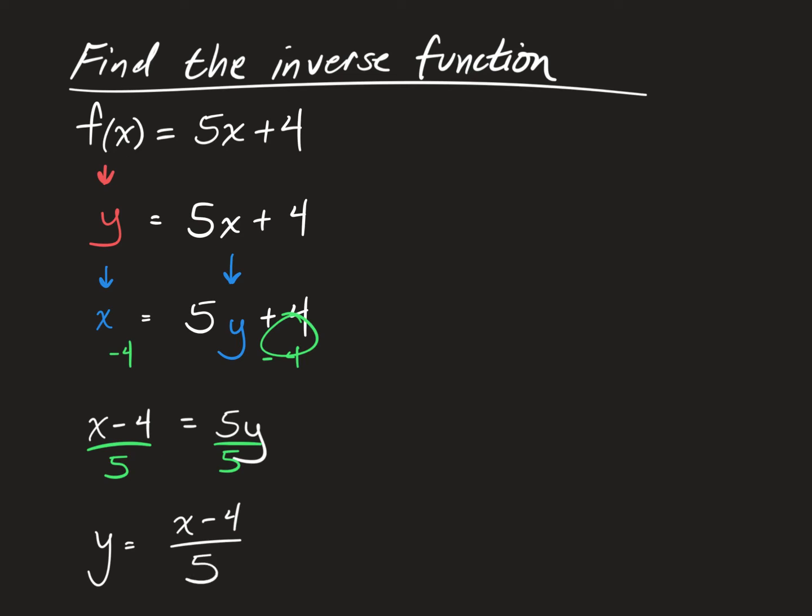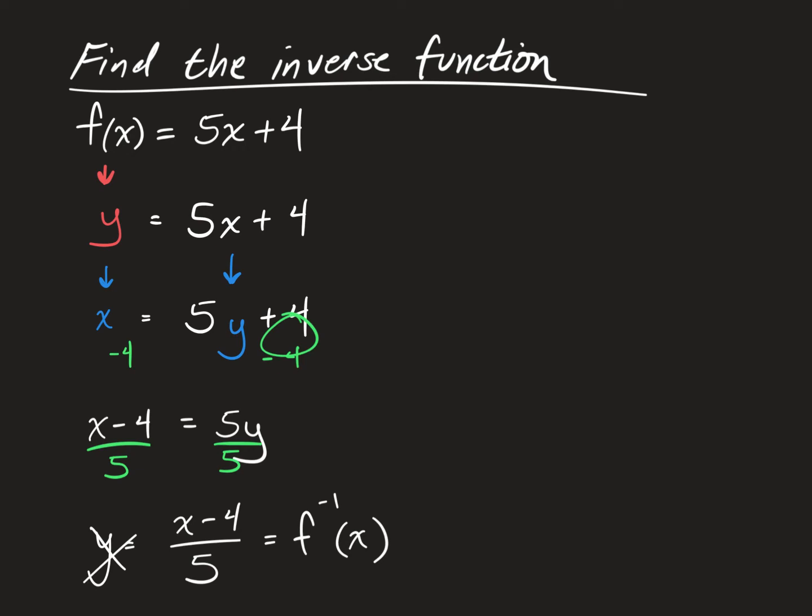From there, we will not use the y anymore. We will use the inverse notation because that's just what we've done. We have found the inverse function. And again, you can see that this y equals a different function from this one, so we have to label it something different. So how can you tell that you have done this correctly?